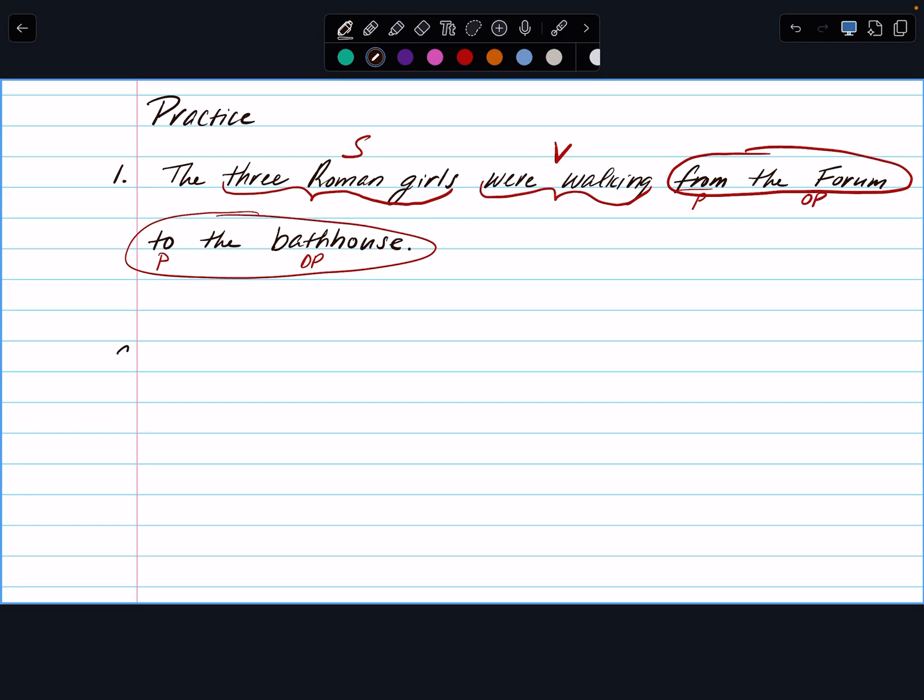Sentence number 2. Along the way, they spotted a black crow.